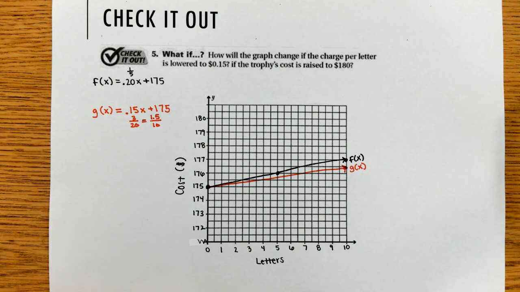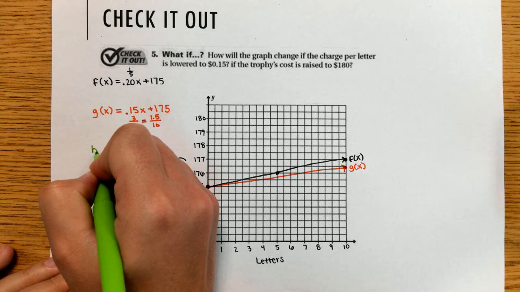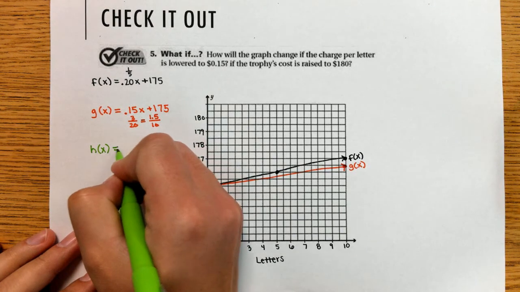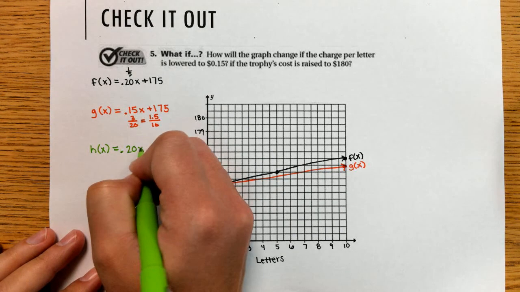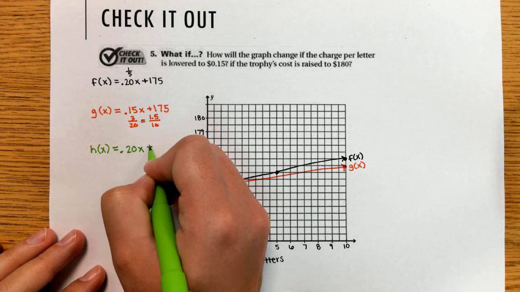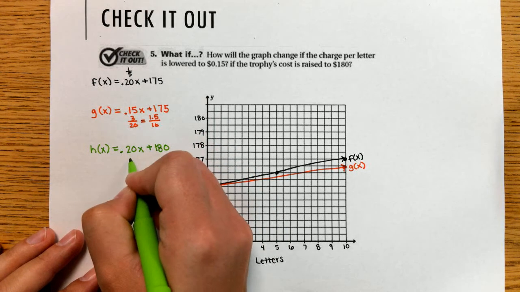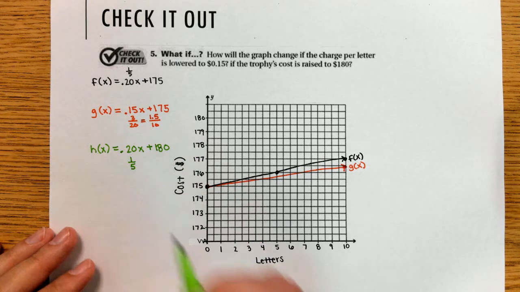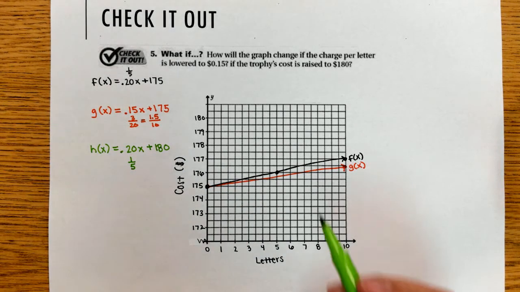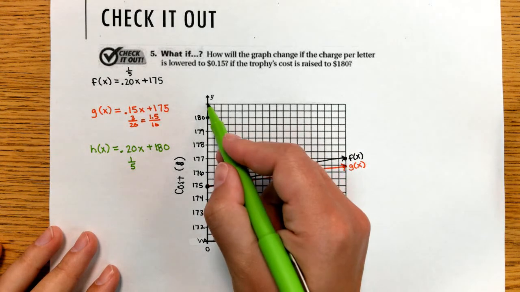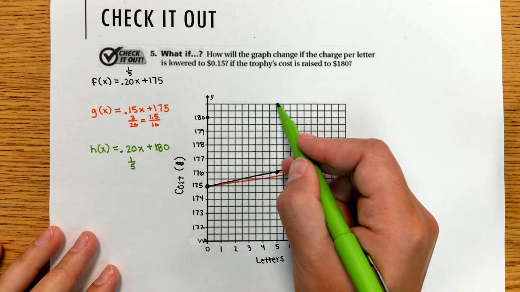And then our last graph, we're going to say h of x, if the trophy's cost is raised to $180. So we're going to have the same slope, so the 0.2x plus the y-intercept is changing, so 180. Remember, 0.2 is 1/5. So I'm going to start this time at 180. I go up 1, right 5.